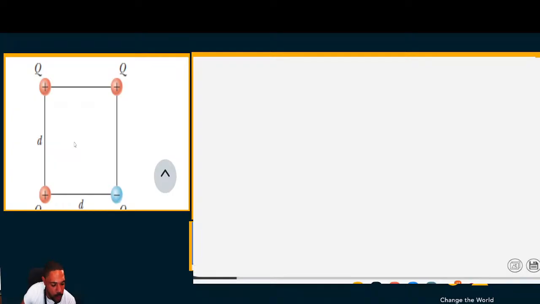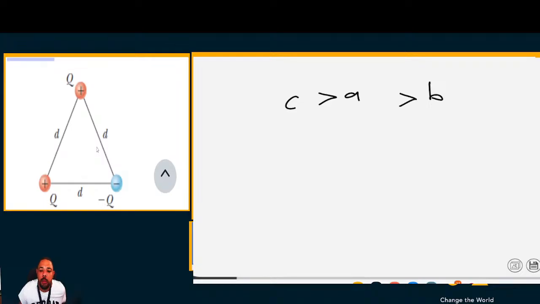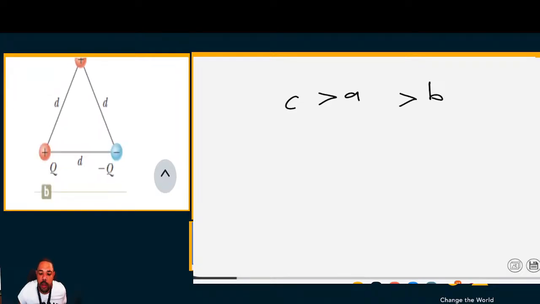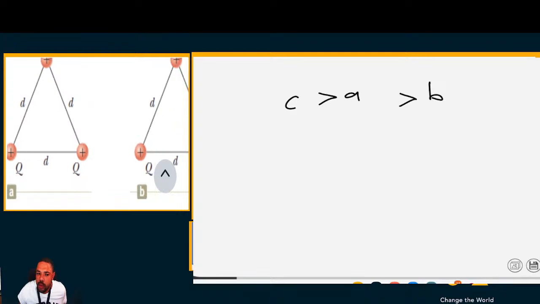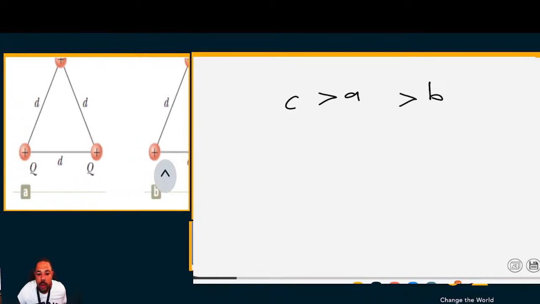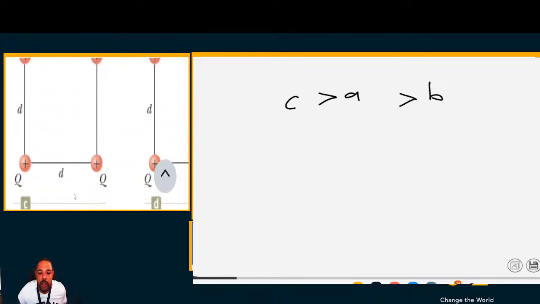Okay, so we have all of them. And if you can remember, we had that C is bigger than A, which is bigger than B so far. Okay, now where does D, for D is 0? We remember that A is positive. C is positive.